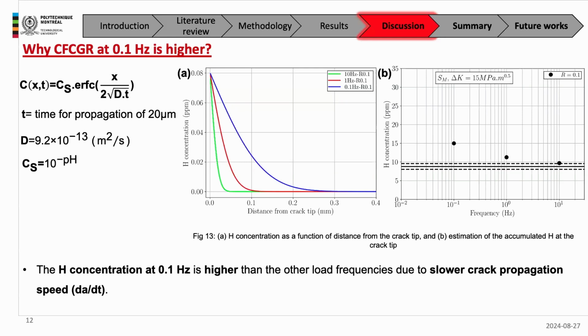So there is enough time for the hydrogen to diffuse inside the material and go towards the plastic zone and cause hydrogen embrittlement. Basically, these estimations confirm our hypothesis that hydrogen embrittlement is the active environmental damage mechanism in our material at this applied loading frequency.